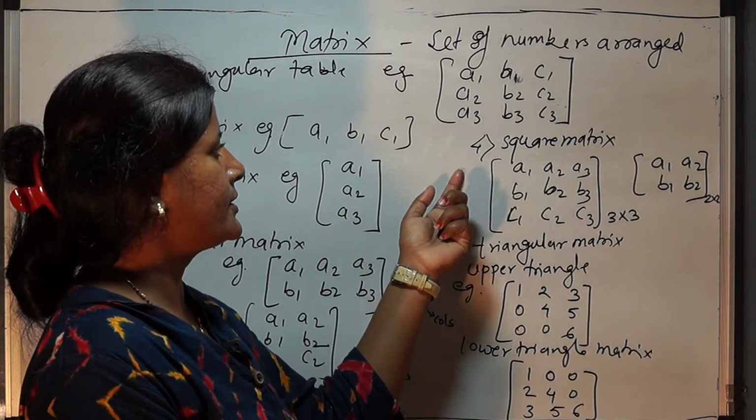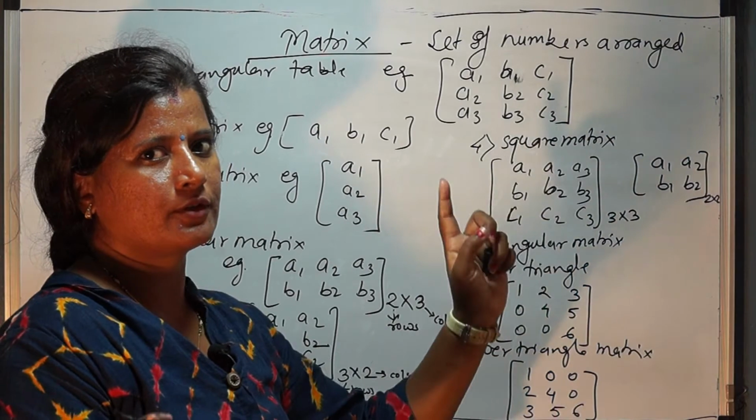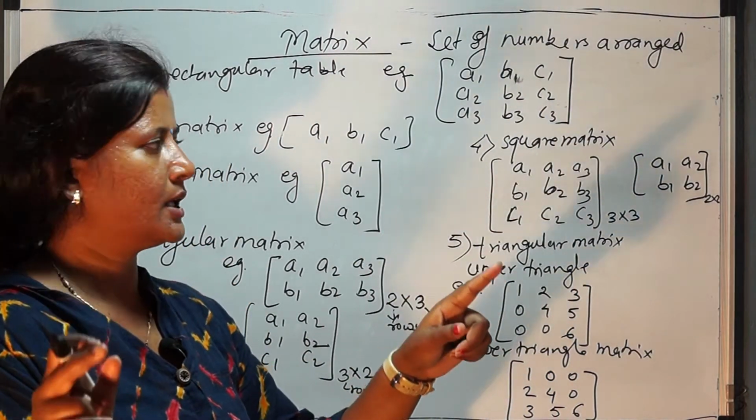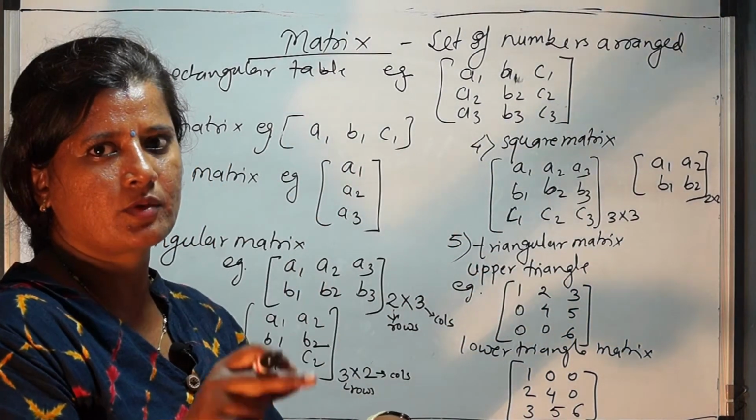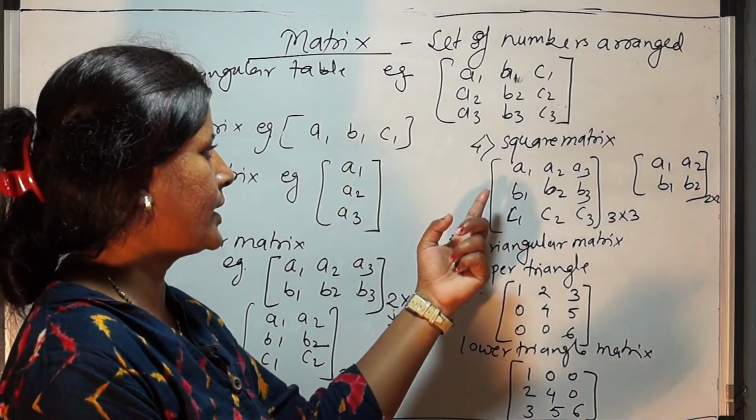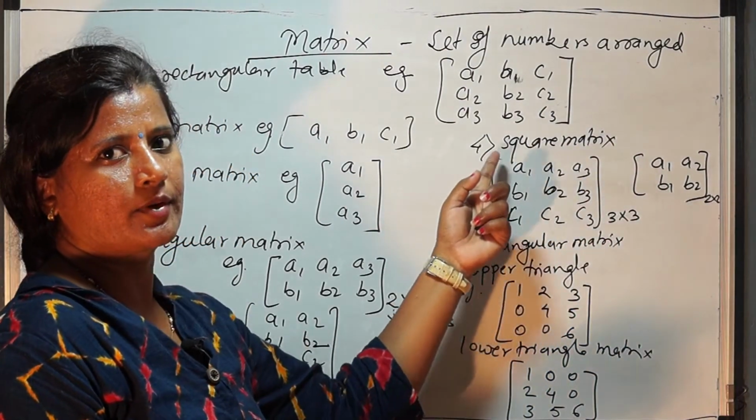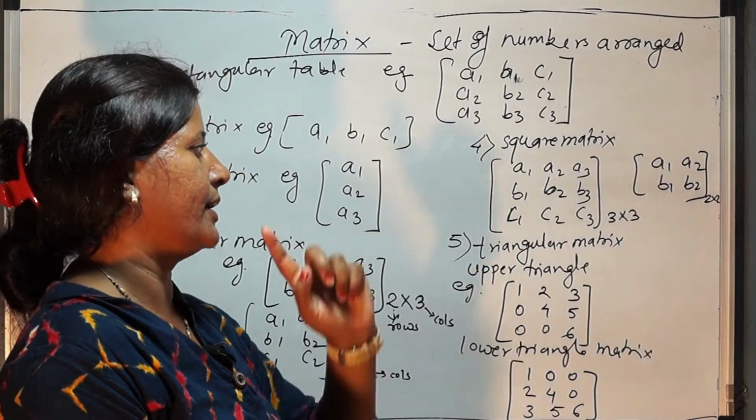Then square matrix follows the property of a square, all sides equal. Likewise the number of rows and columns are equal in a square matrix.